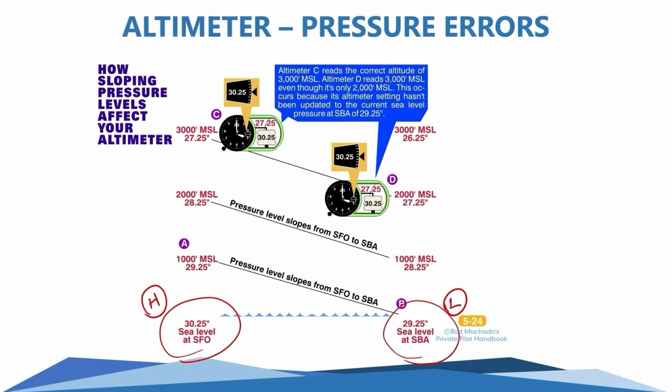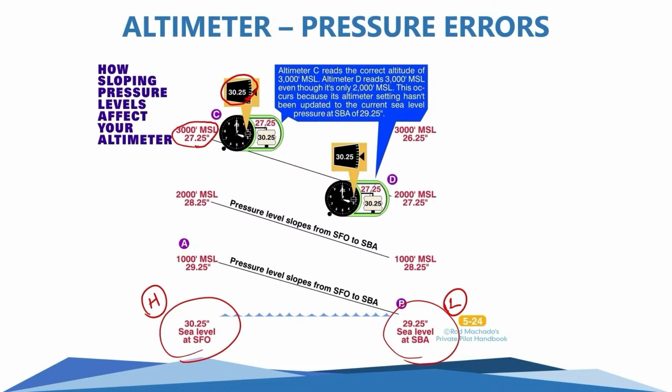Well, if the pilot takes off from San Francisco and does that 2-3 hour flight down south, and they're going to do the entire flight at 3,000 feet MSL, and they did a great job when they took off. They have 30.25, which is the local altimeter setting leaving San Francisco, and then they completely forgot about it for the rest of the 3 hours.